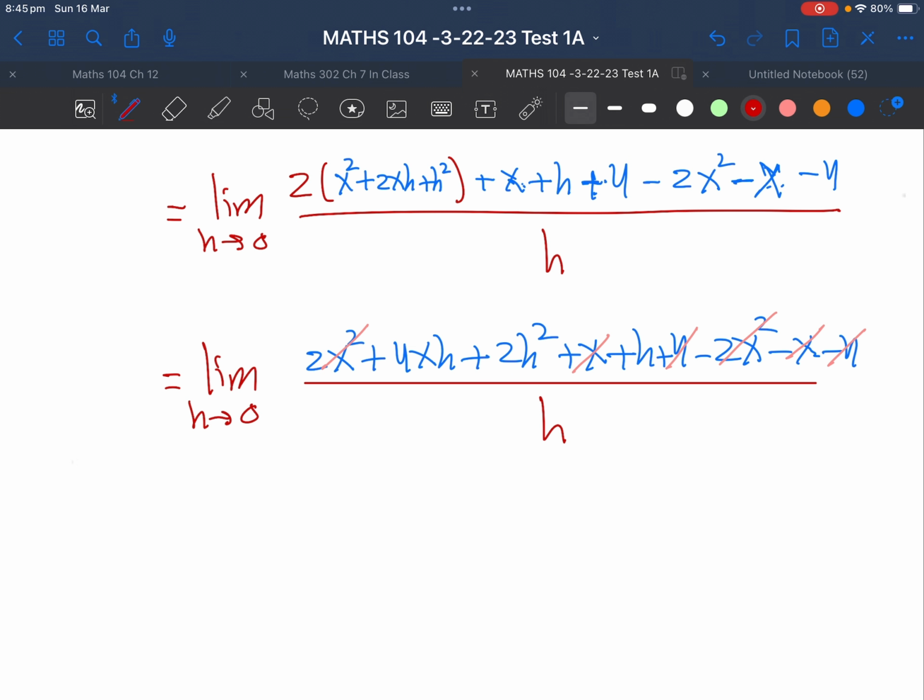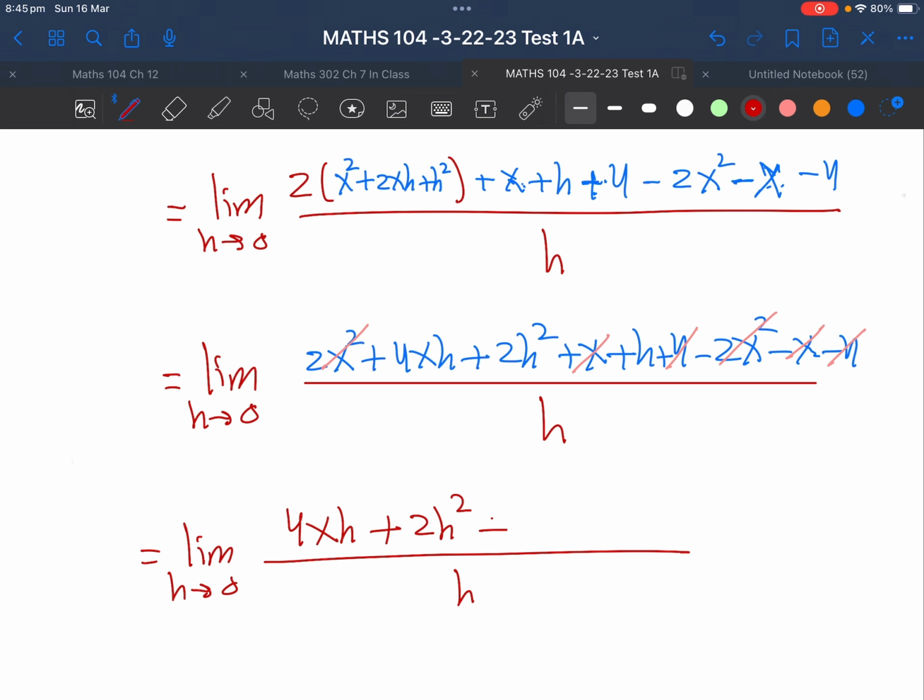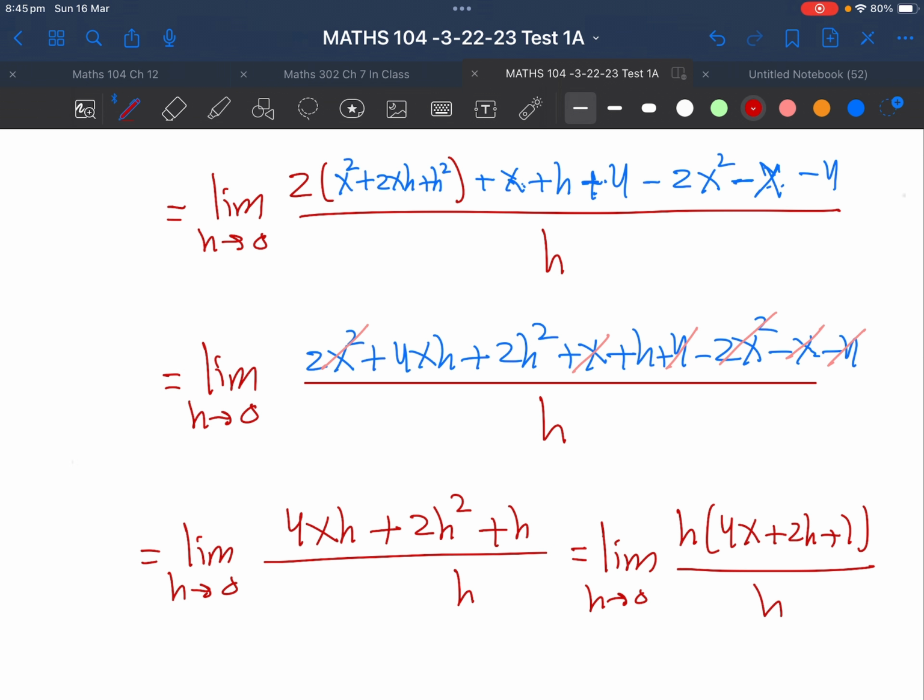Let me write what is the remainder. The remainder will be 4xh, 2h squared plus h, equal to limit when h goes to 0. Now we take h as common factor. We get 4x plus 2h plus 1 divided by h.